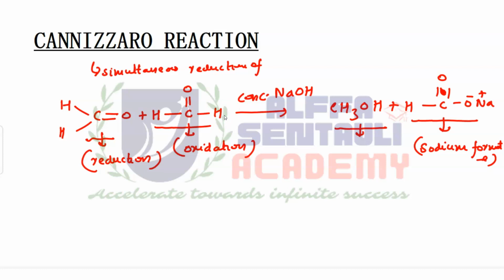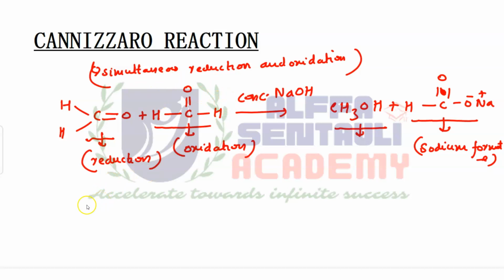Because in a redox reaction, one compound is getting oxidized and the other compound is getting reduced. Here it is simultaneous reduction and oxidation. Understood? This is the Cannizzaro reaction.